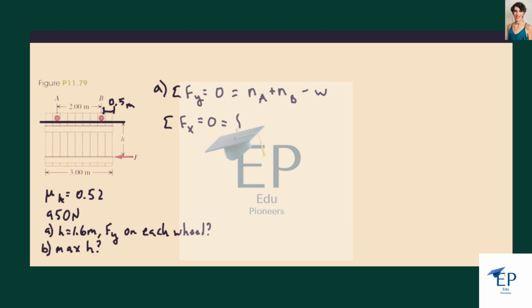And so then this is the force of friction on A plus the force of friction on B. These have to be equal to the force that's being applied.